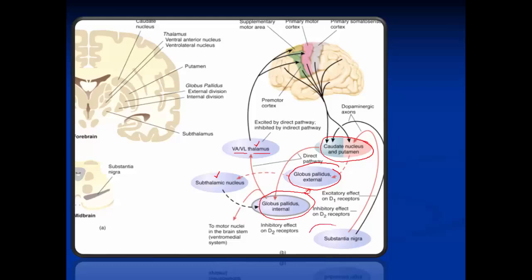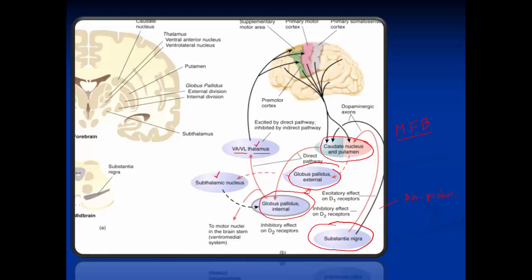We've talked about the substantia nigra before in previous units. This has a tremendous amount of dopamine. So the dopamine producing neurons are located in the substantia nigra. They send their axons forward through the median forebrain bundle, the MFB.